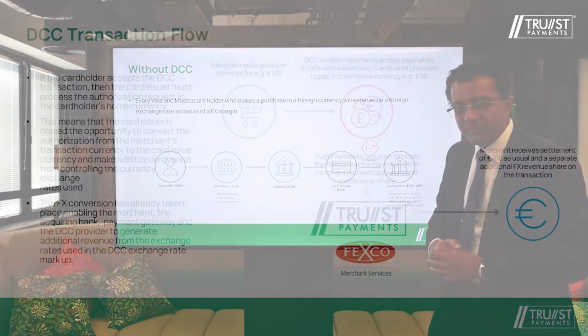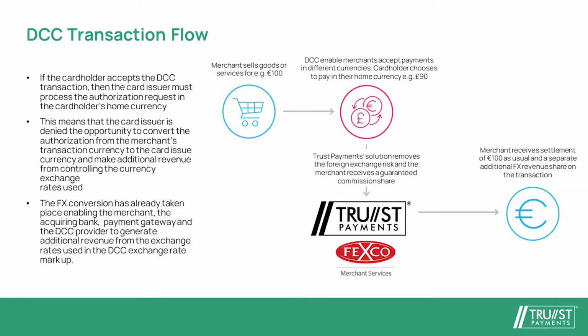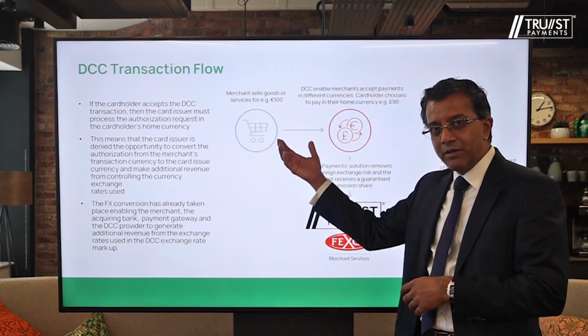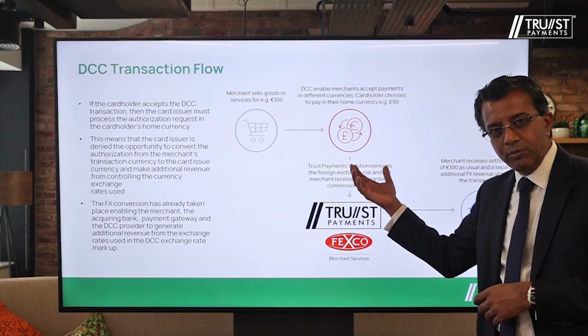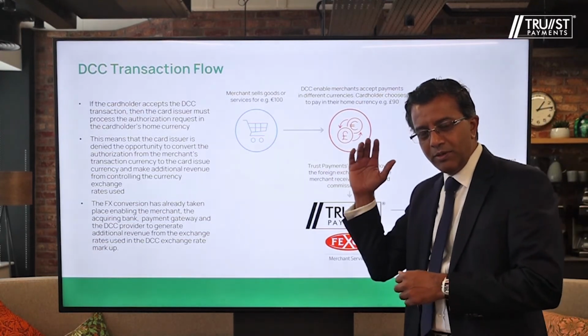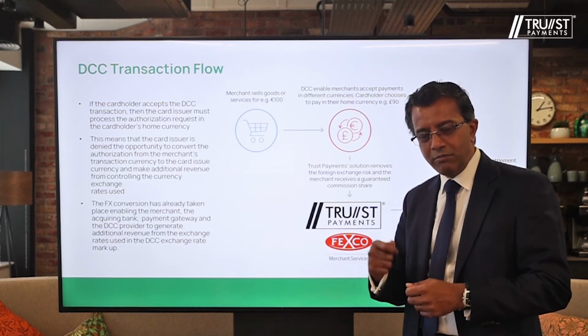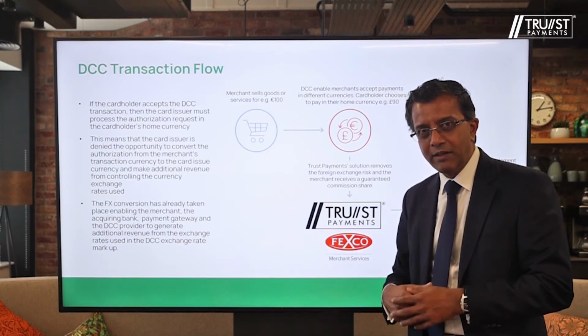So how do we do it? We have an arrangement with a company called Fexco. So here's how our process works with DCC. The merchant's shopping cart comes through to Trust Payments. We recognize that the card is a different currency to the currency the merchant's selling.